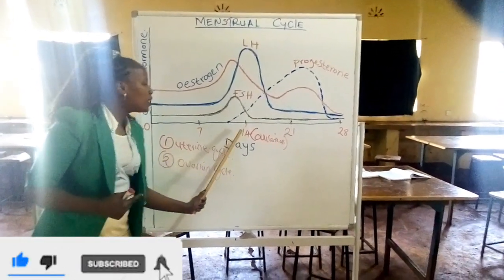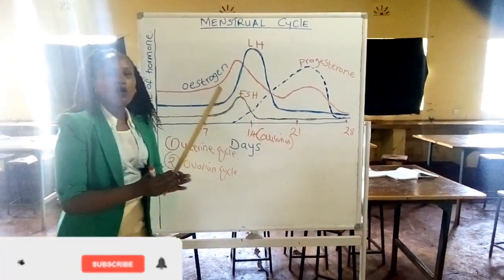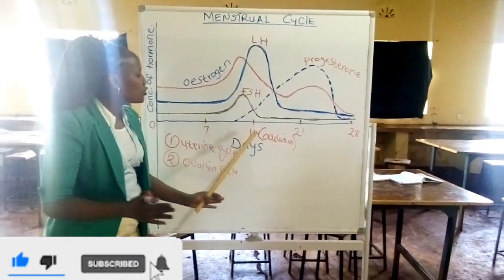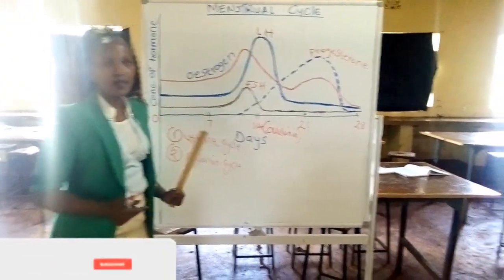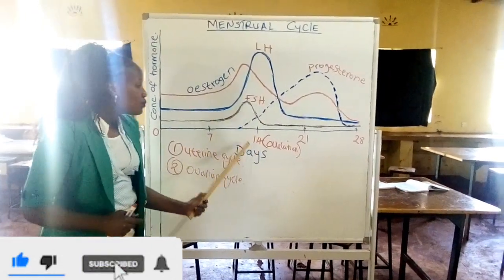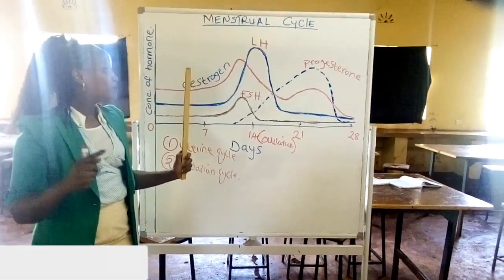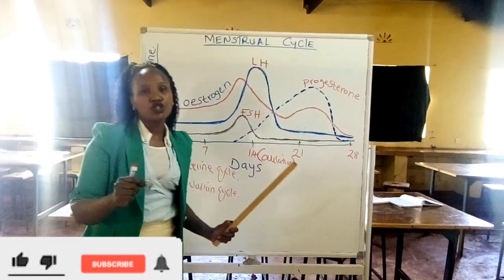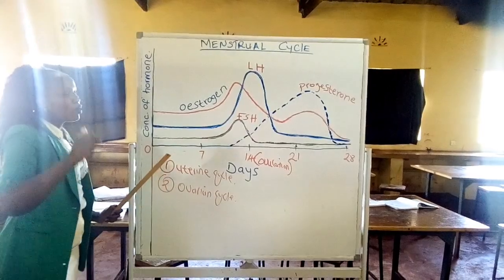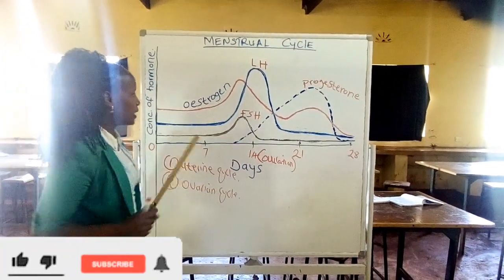And during day 14, the Graafian follicle will burst. That process of bursting to release the egg is what we are calling ovulation. And at this point, it is believed that fertilization can occur if sexual intercourse takes place.